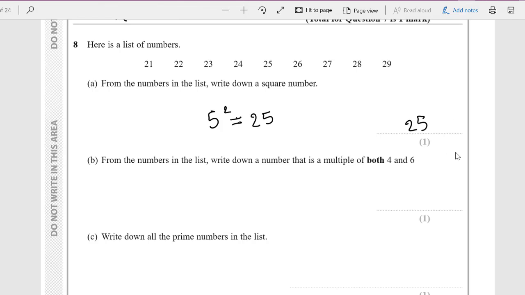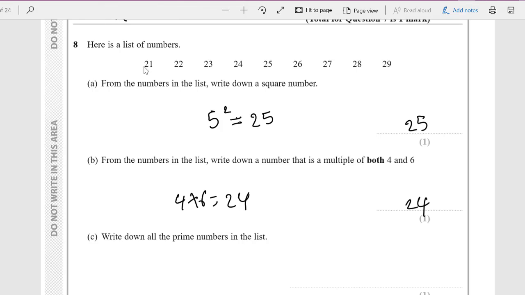So 25. From the numbers in the list, write down a number that is a multiple of both 4 and 6. Well, I can just do 4 times 6, 24. So I know that the number is going to be 24. And then write down all the prime numbers in the list.